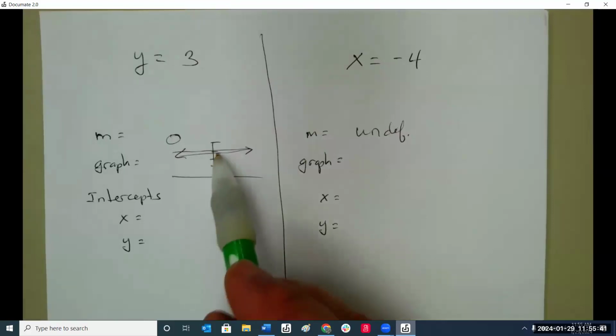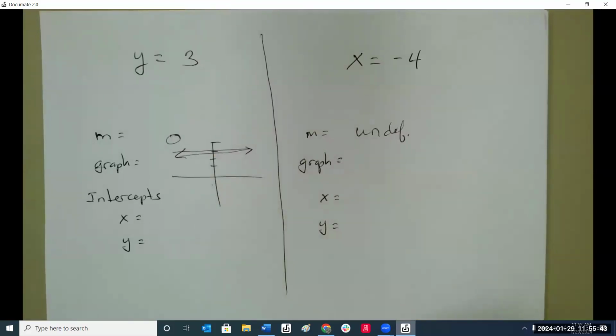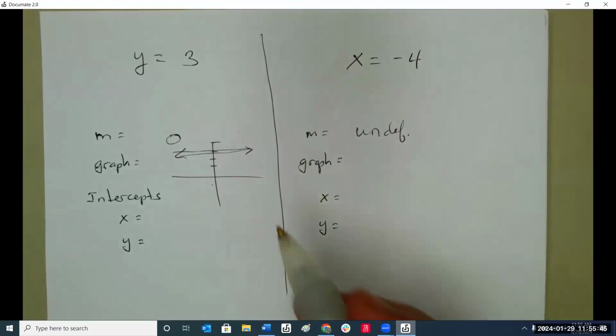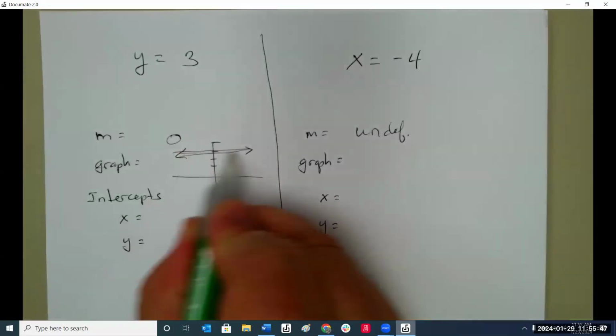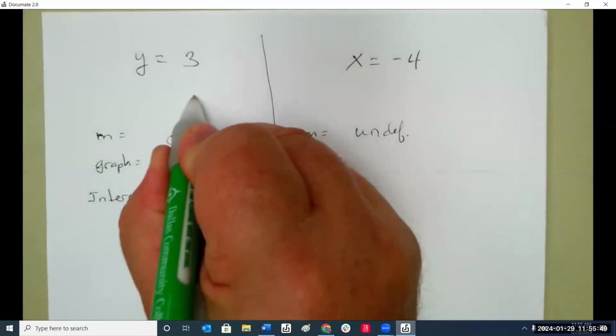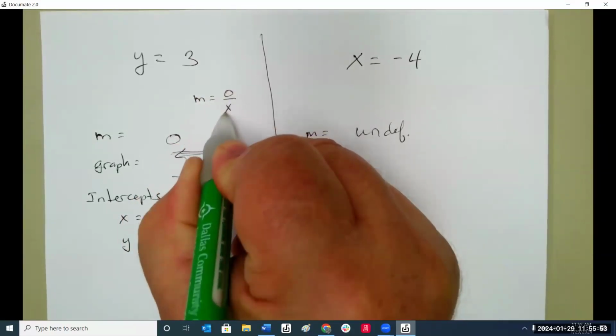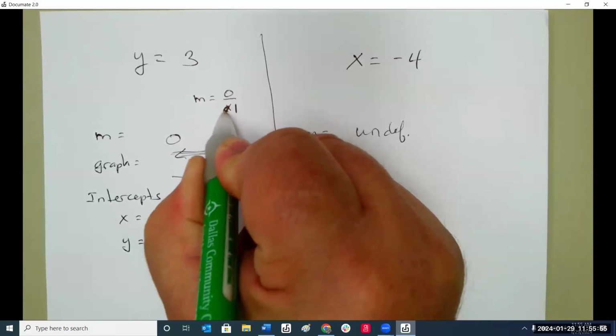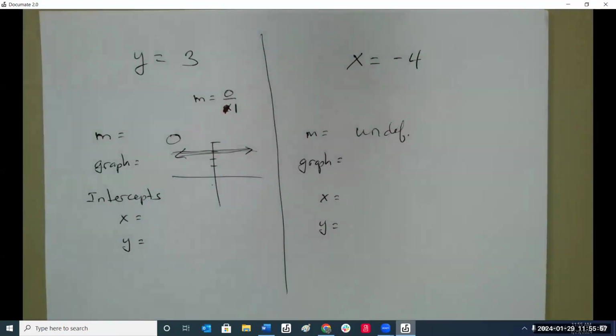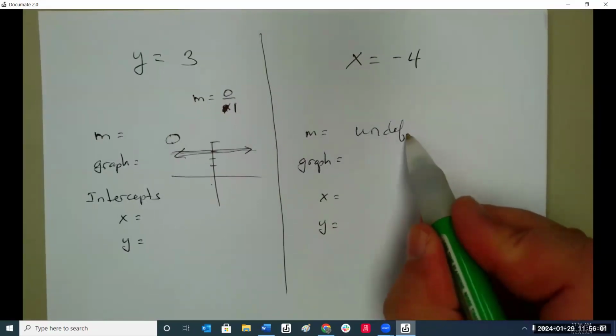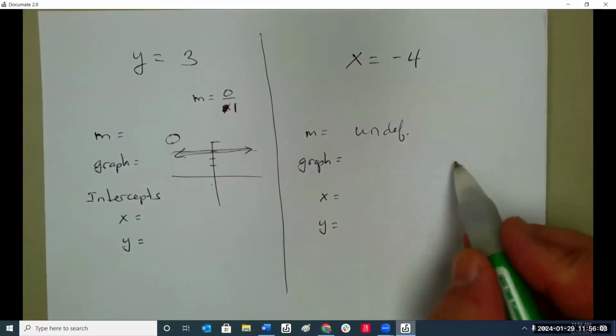It has to be parallel to the x-axis. For example, this one, since all the y values are the same, the slope is 0. This one, what does the graph look like?